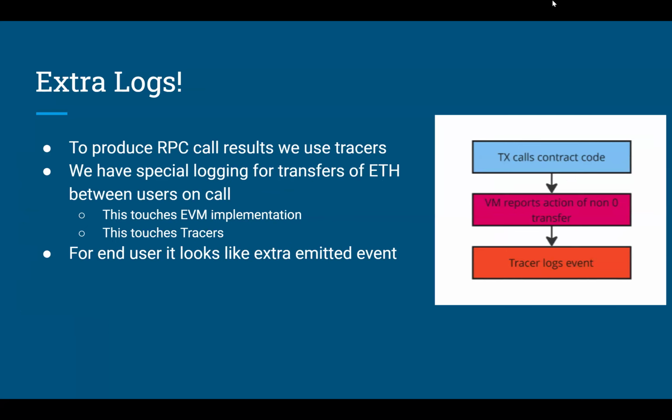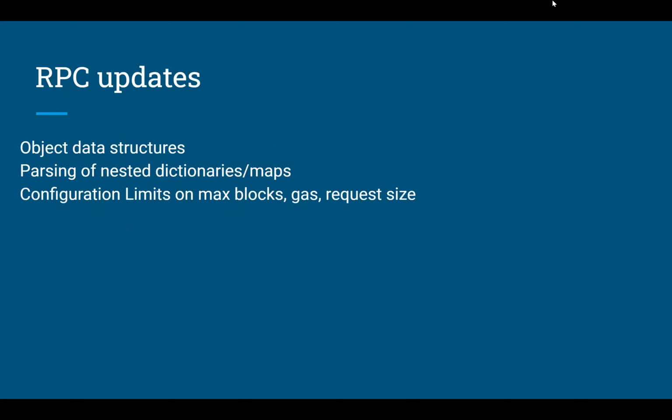We added one more event that we track, and it is used for providing users with the ability, if they set a special flag, to see every time the ETH transfers from anyone to anyone, and hopefully it will be explained why we need this in the Polaris part. And then we go to the next slide with RPC updates. Yay. So hopefully everyone will be using Tracer for that.